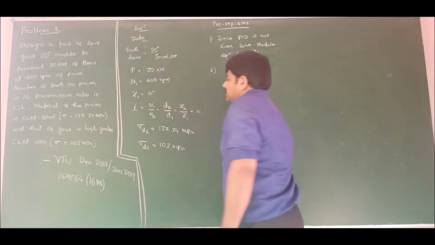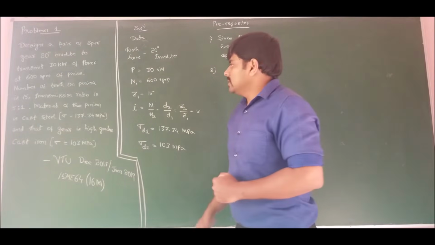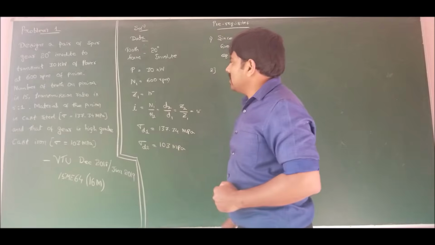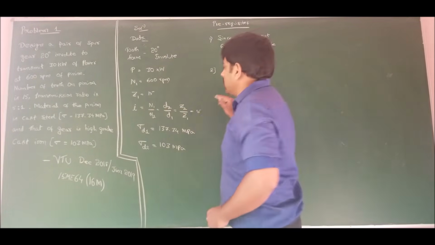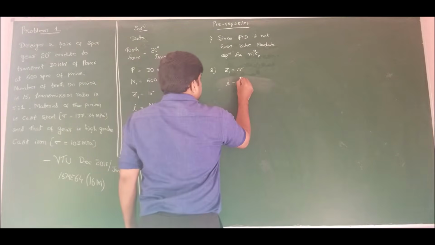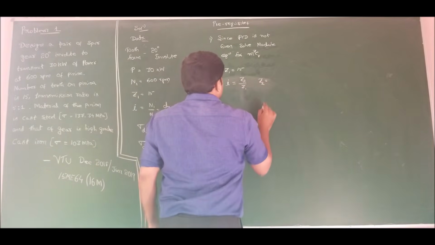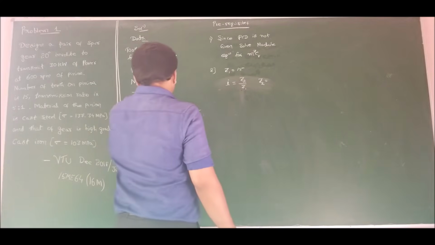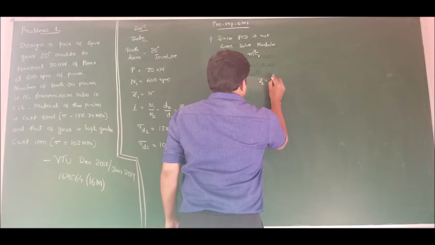The second prerequisite is the number of teeth on pinion and gear. He has given the number of teeth on pinion and the reduction ratio. We know that i is equal to Z2 by Z1. So the number of teeth on gear, Z2, is equal to 15 into 5, which gives us 75.